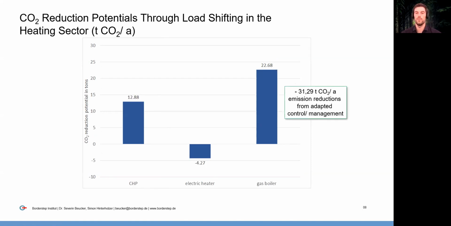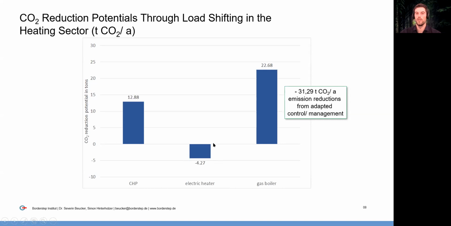tons of CO2, the gas boiler about 22.68 tons of CO2 for that year, and the electric heater, because it is only a consuming device, produces additional CO2 emissions because it was not used before at all.